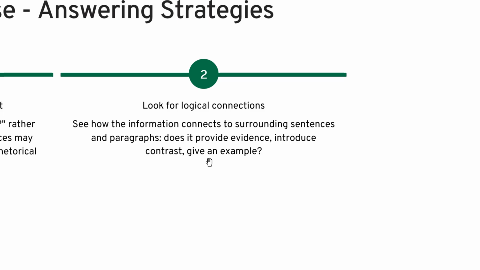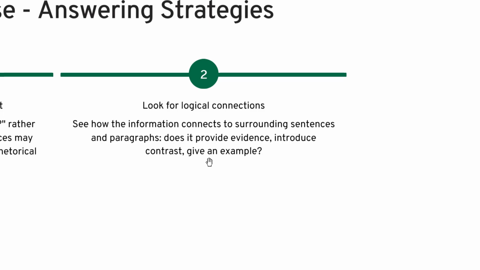This is very common with paragraph relationship questions. When it asks how paragraph A relates to paragraph B, or paragraph 1 to paragraph 2, you have to look for transition words, especially to see how those paragraphs are connected.